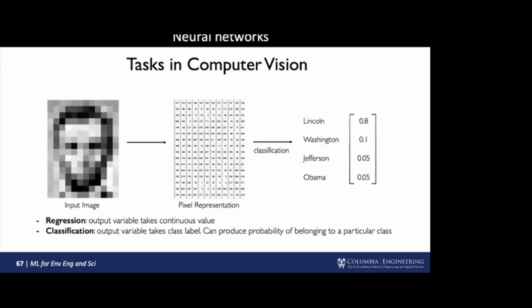In regression, the output is a continuous number, like temperature, height, intensity, or grades, right? In a classification problem, the output is a class label. Often the model produces a probability for each class, like the list shown here, whether it's Lincoln, Washington, Jefferson, or Obama. So the job of a vision model is to take pixel values and turn them into meaningful predictions.